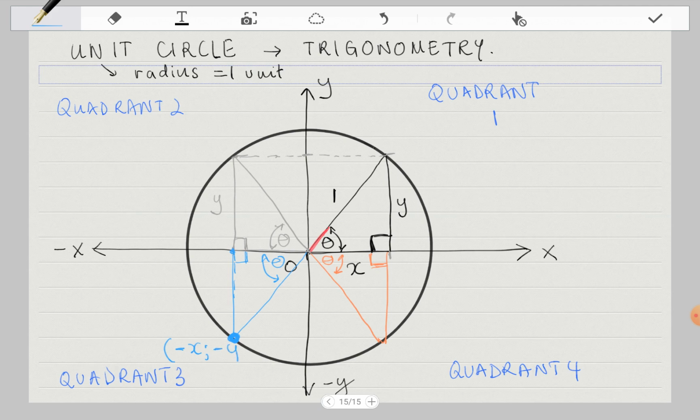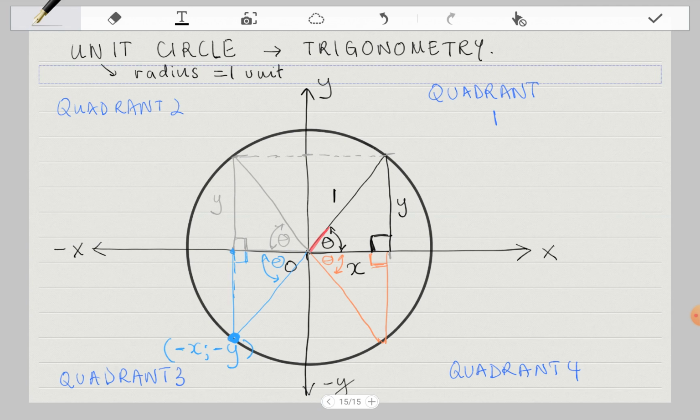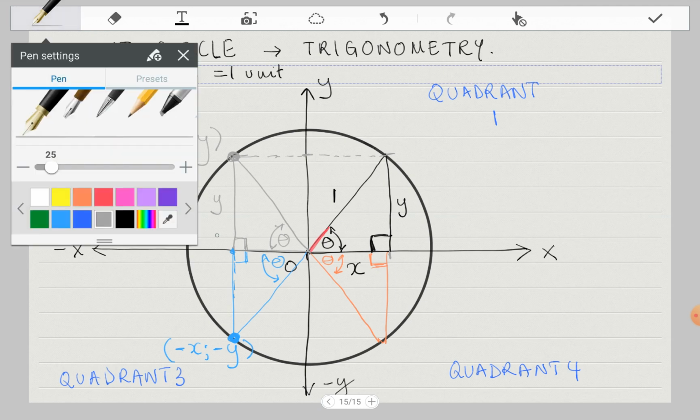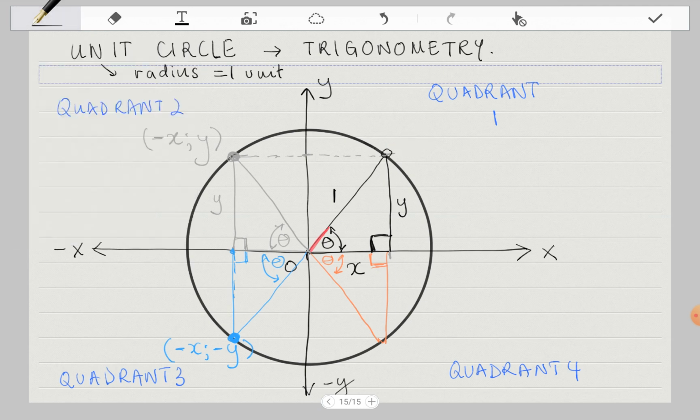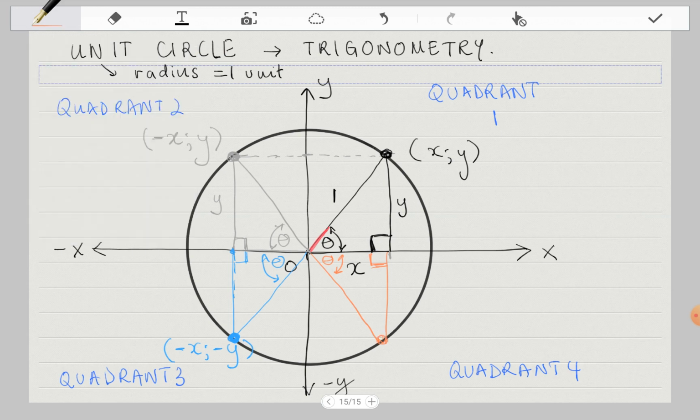If we get into the second quadrant, the coordinates of this point would be negative x as well, and for y, it would be positive y. Getting back to the first quadrant, the coordinates of this point would be x and y. And in the last quadrant, the coordinates at this point would be positive x and negative y.